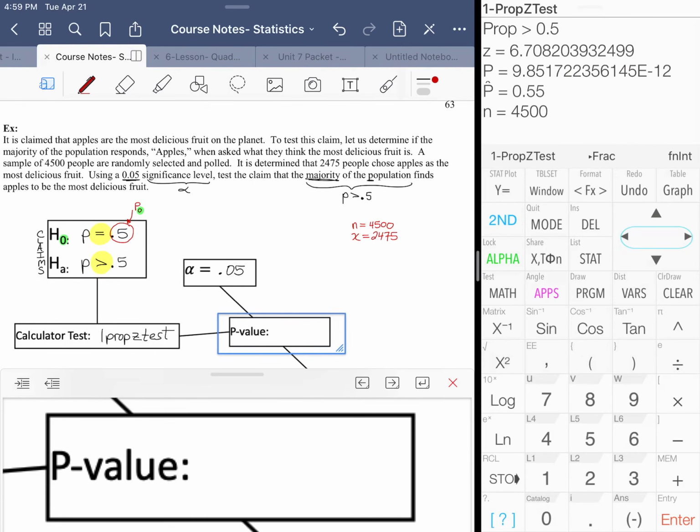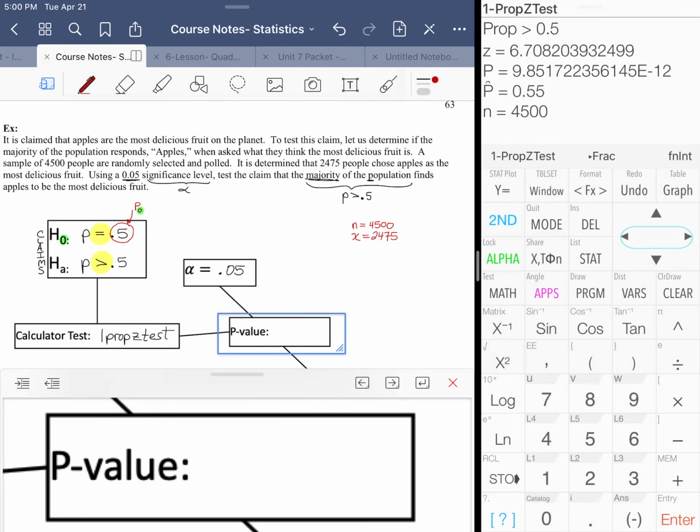What's going on here? The letter P might be one of the more overly used variables in statistics. It means a lot of different things. In this context, it means the P value. And that is, if you go back to the last lesson, the probability of making a type 1 error.